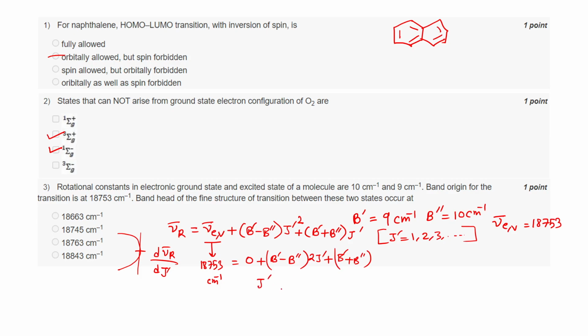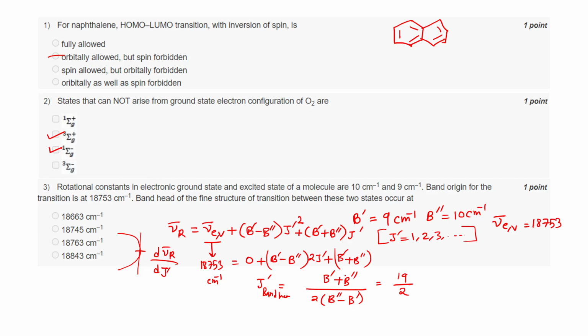And J dash for that band head is going to be B dash plus B double dash divided by 2 into B double dash minus B dash. The minus sign I have taken care of, and you see this is coming as 19 by 2.